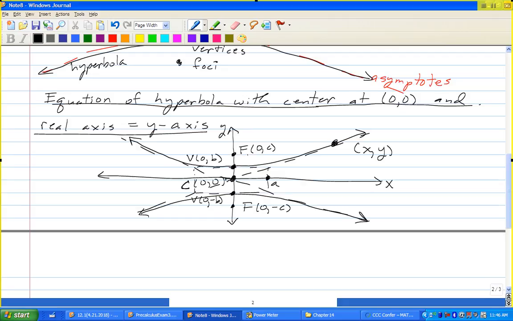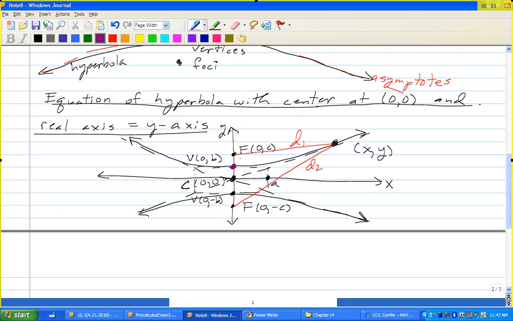I know that this distance between this point on the hyperbola and one focus minus this other distance between the point and the other focus, that those differences of distances should be the same. Let's also just look here before I even start. Let's look at this point here.